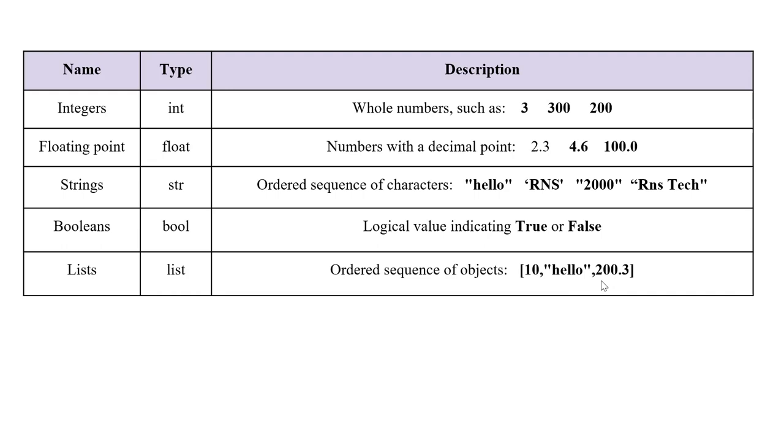Yes, you can store any type of variable. So a list is a sequence of objects, defined within square brackets, and you differentiate the objects with comma separation.